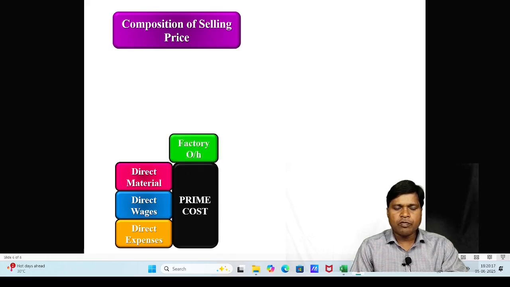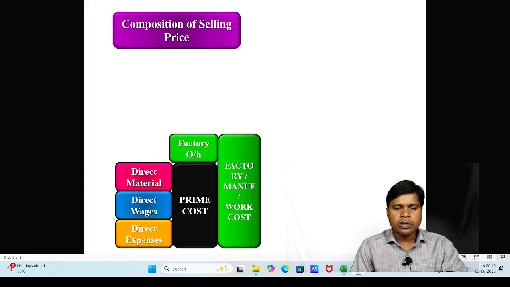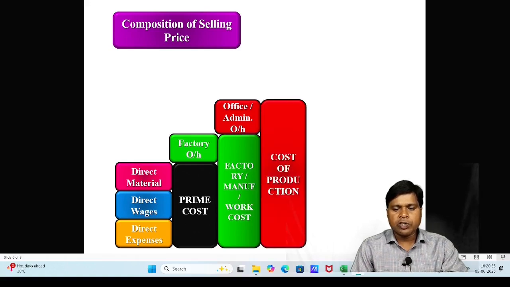After addition of factory overheads, we will get the next total, factory cost or manufacturing cost, which is also called work cost. Then addition into factory cost, office or administration overheads, total of factory cost and office administration overheads is cost of production.